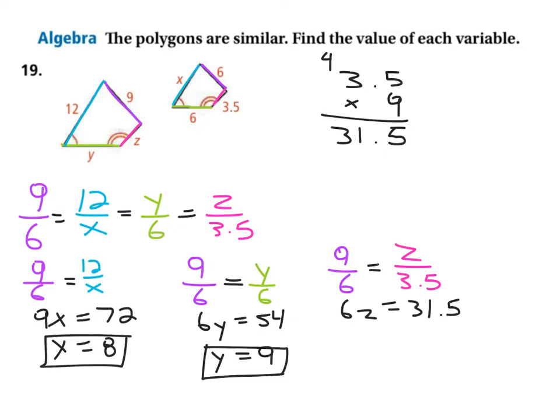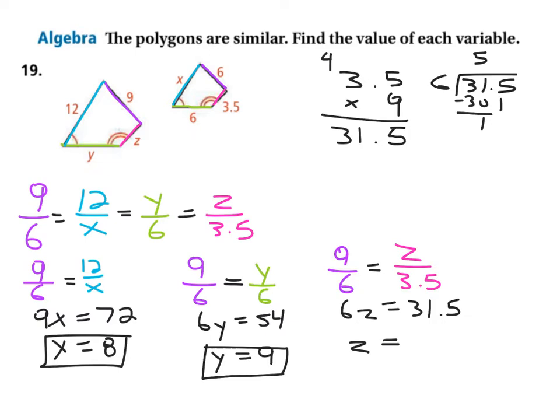And now actually we want to do that division problem. Let's do it over here. 31.5 divided by 6, because that's what we need to do to solve down to z equals. How many times does 6 go into 31? It goes in 5 times, that's 30.